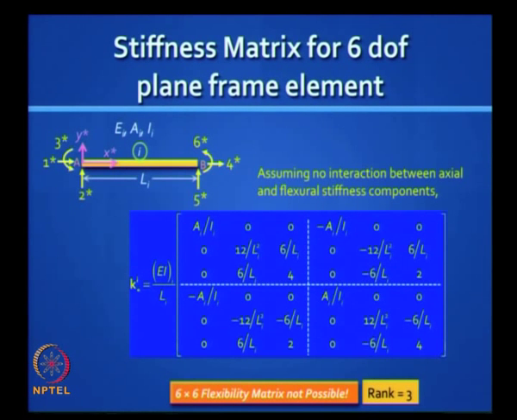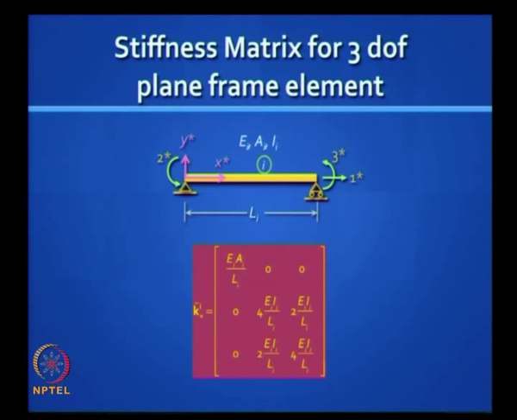There are 3 dependent rows and columns, and if you make it simply supported, you will find that the first row is important, the second is not, because we do not want the shear degree. So just delete the shear degrees of freedom, and you do not need 2 axial degrees of freedom. So that is how this reduces to this element.